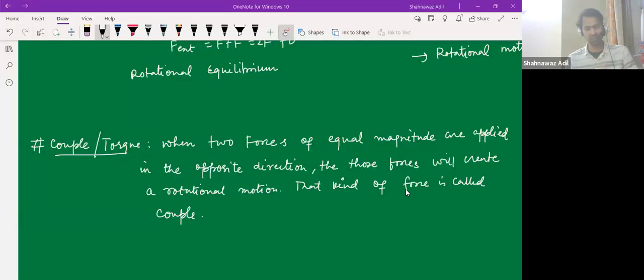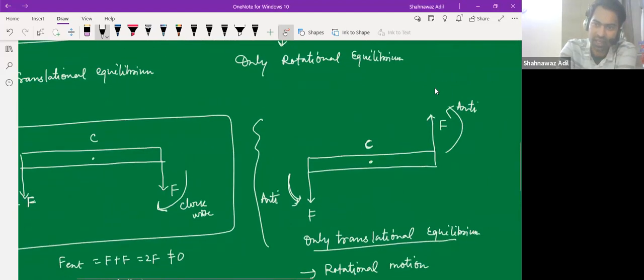So this is the example of a couple. And with the rod also you have seen that. Whenever two forces are acting in the opposite direction and they have equal magnitude, those are called couple forces. And they have different lines of action.